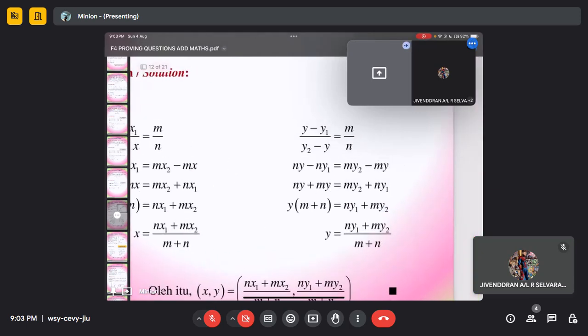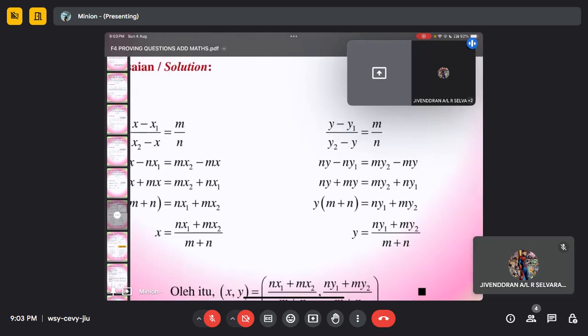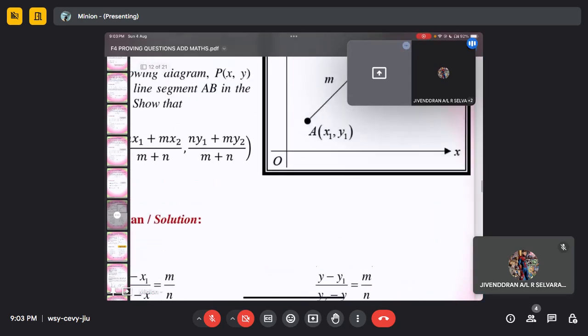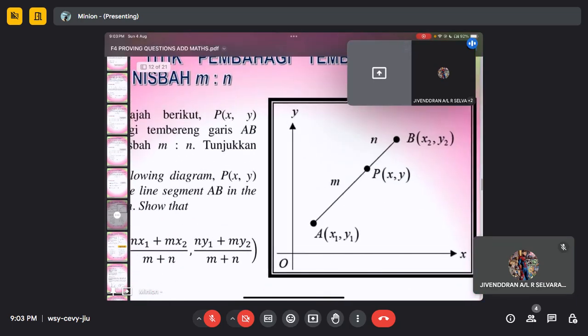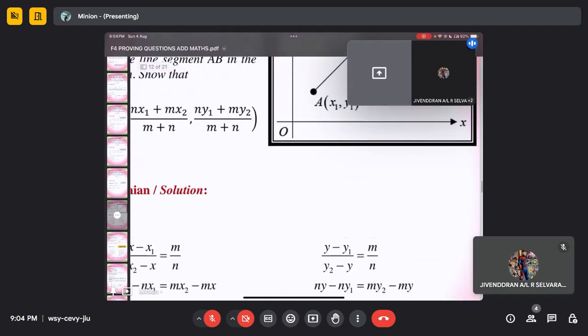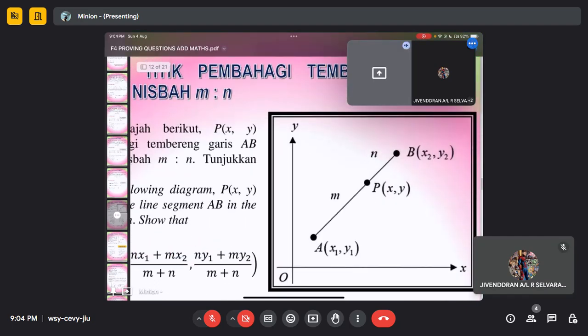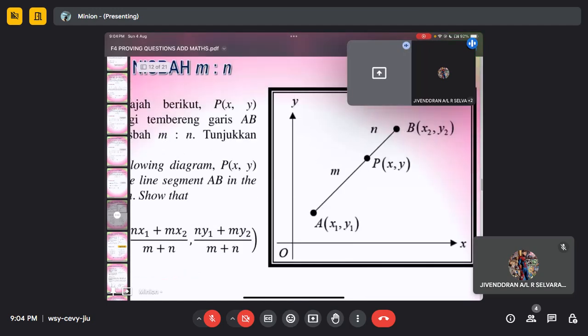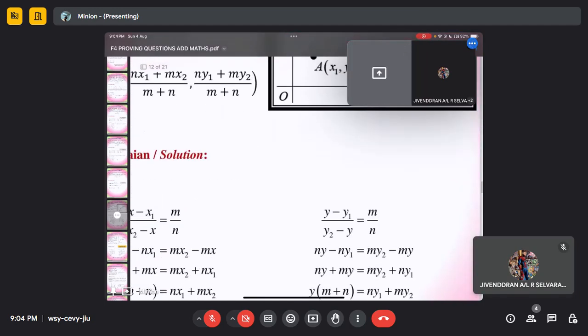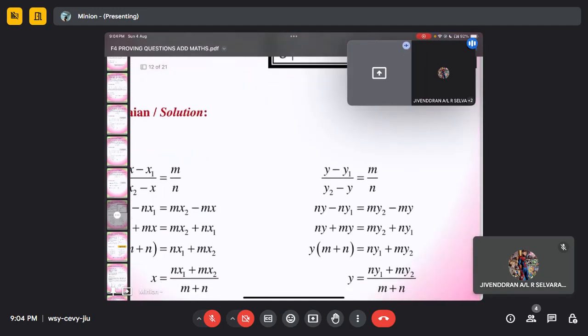We have something called part y. It's exactly the same, only the alphabet is different. Again, y minus y1. y is in the midpoint P, y1 is in A. y2 is in B, minus y again, which is in midpoint P, equivalent to m over n.